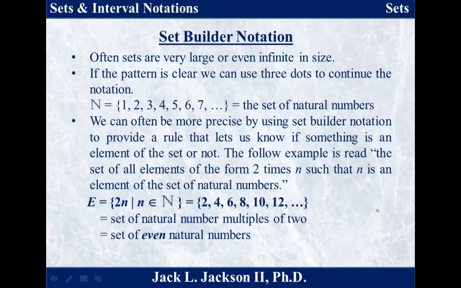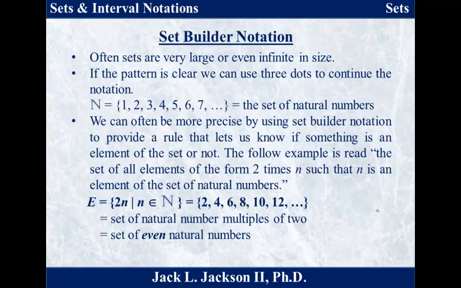However, often sets are very large or even infinite in size, and so we can't physically list them all out. Now, if we can write down enough of the list that there's a pattern to it that we think is very clear, then we can use these three little dots, ellipses, to continue the notation.